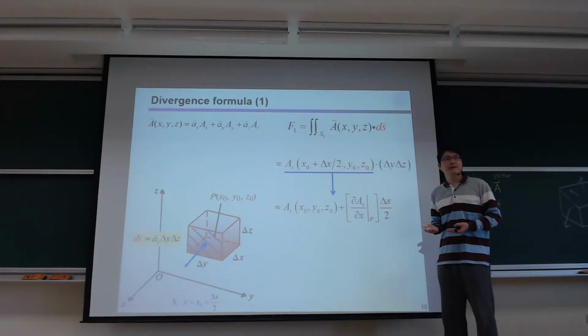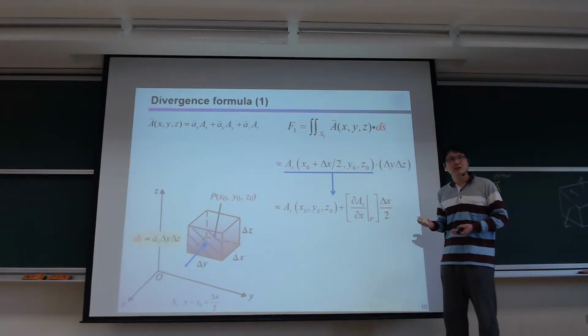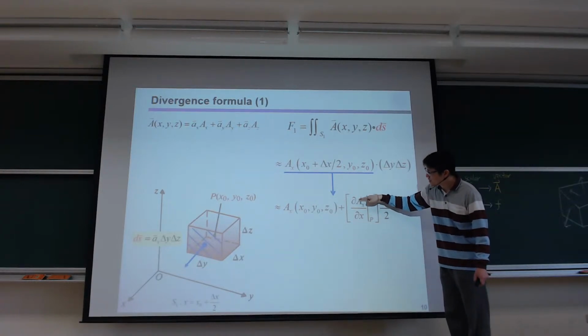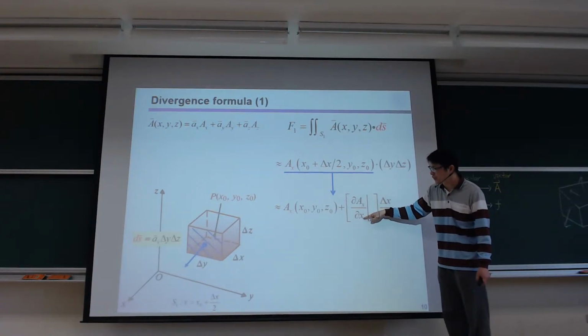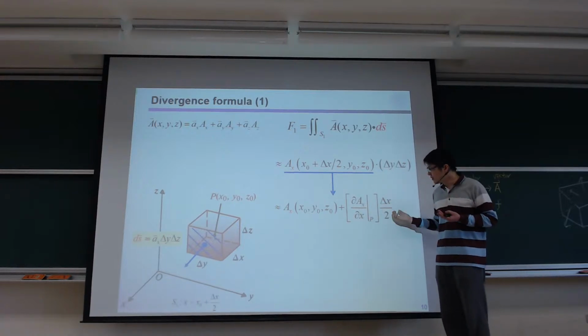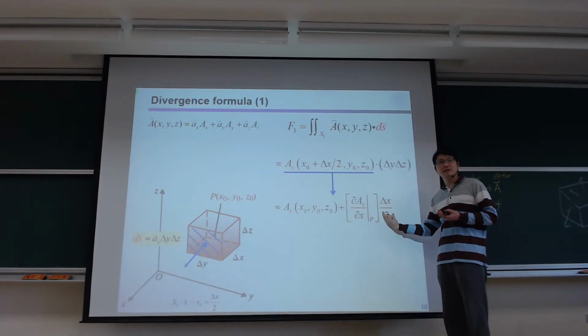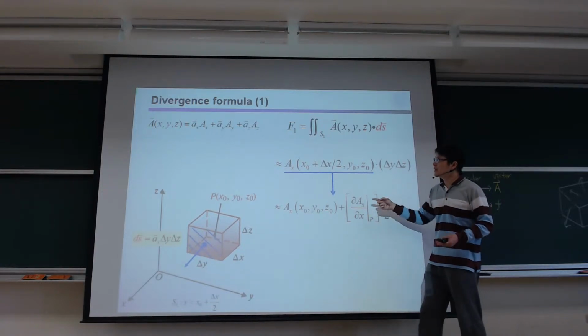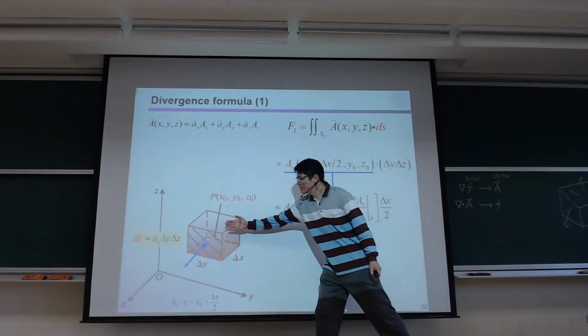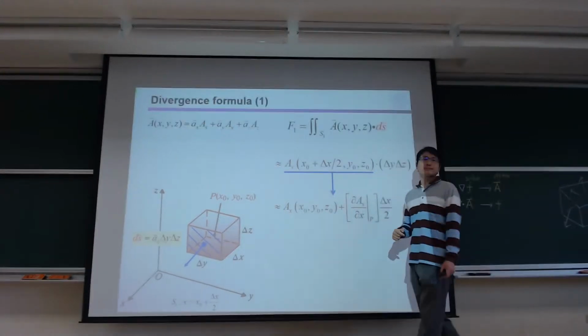The physical meaning of Taylor's expansion is you're using Newton's method. If you take the partial derivative of Ax in the x direction, you find the slope, and then you multiply by the offset, and you know Ax at the surface location.